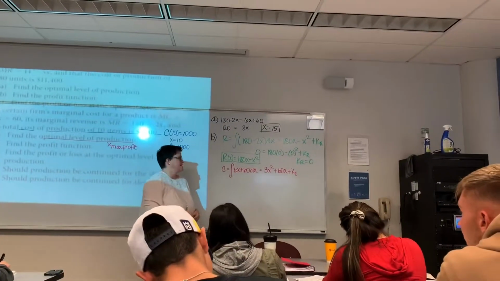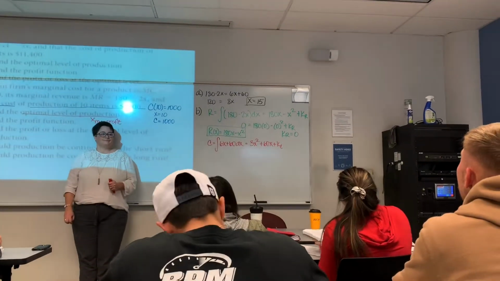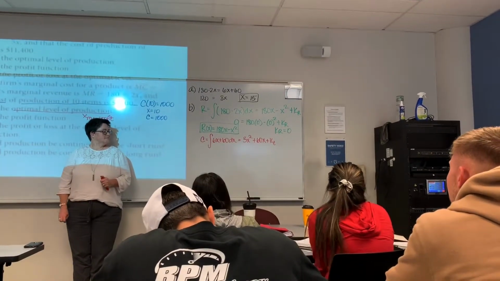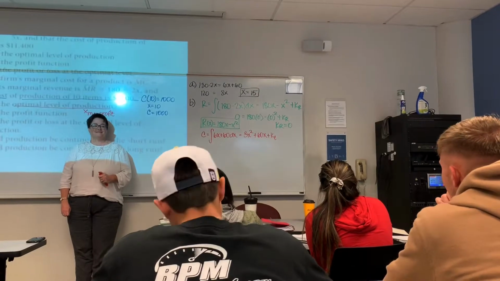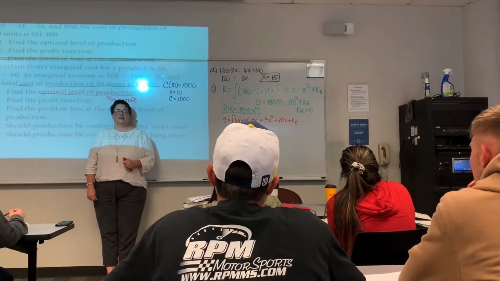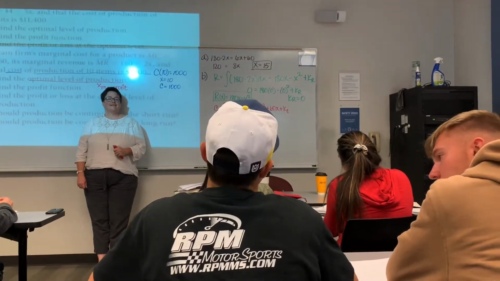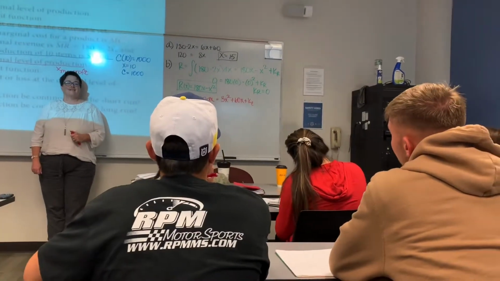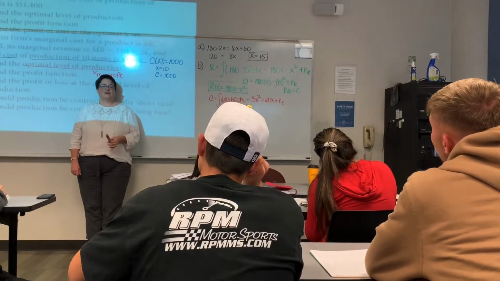I'll give you guys a second to figure that out. How did you get 3x squared plus 60x plus k sub c? Try to figure it out. Just for a second. It's good for you.